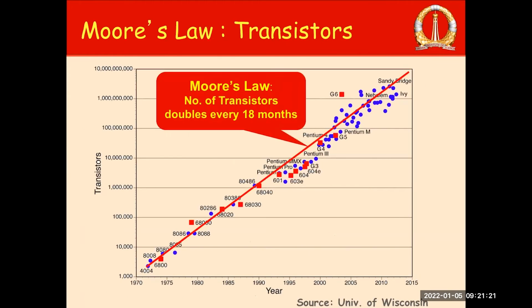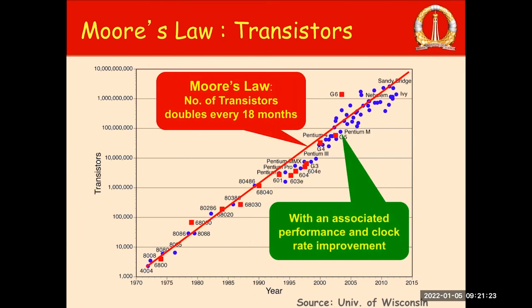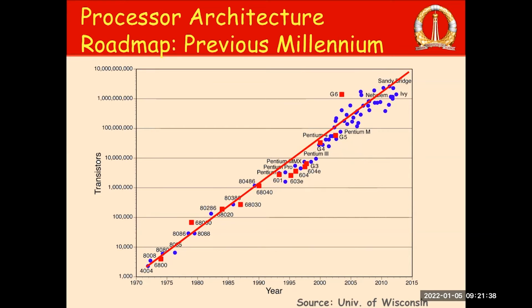So let's quickly recall Moore's law. Moore's law essentially says that the number of transistors in a chip doubles every 18 months to 2 years. Associated with this doubling, we have also seen an increase in performance.